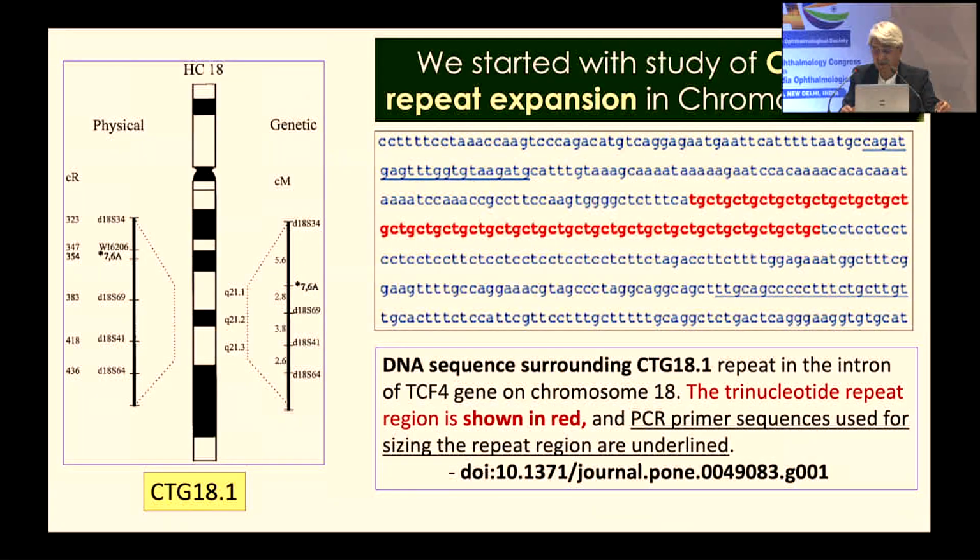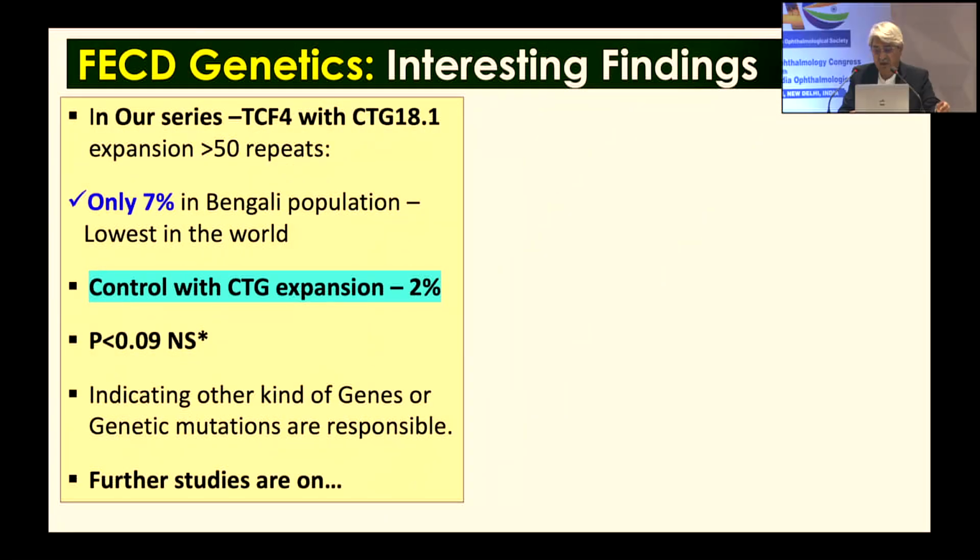This is the CTG 18.1 on chromosome number 18, and you see the repeats like CTG, CTG. In our series, the findings are surprising. Only 7% of the Bengali FECD population has the TCF4 CTG 18.1 expansion, whereas in the control it is 2%.